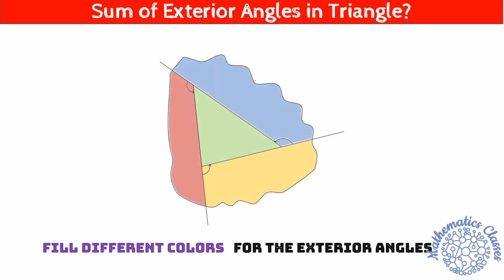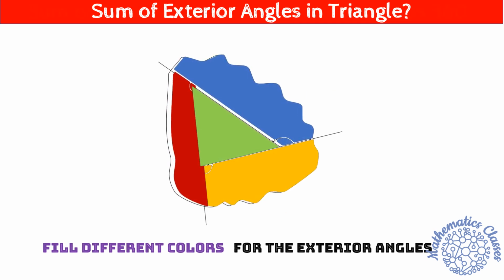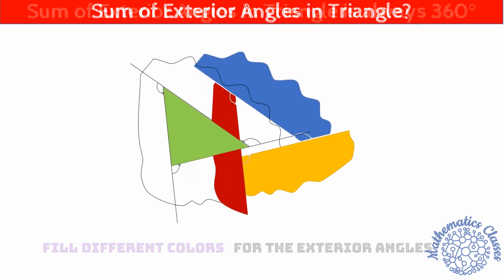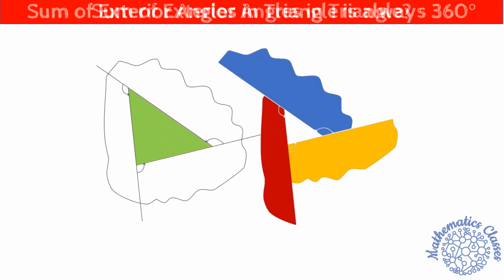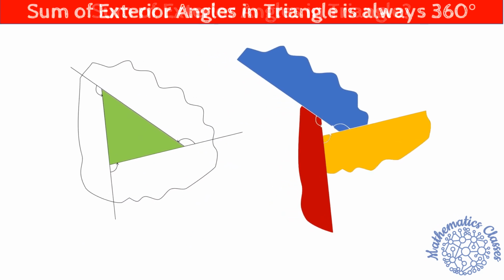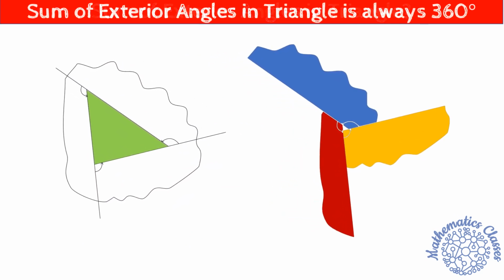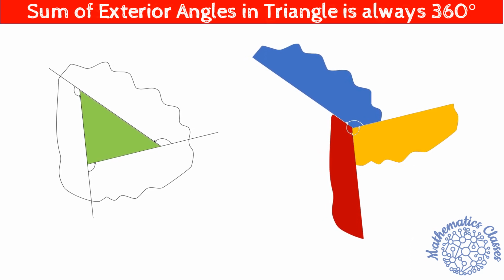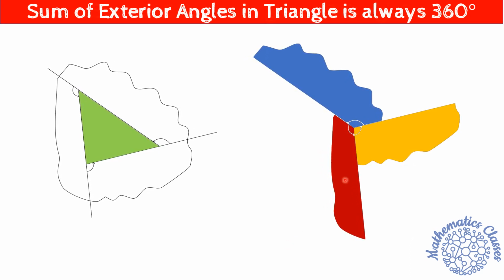You can fill some colors as shown here, and then we can cut out all the exterior angles. After taking them out, we can arrange them in such a way that all of the exterior angles meet at one point, as the angle around a complete circle is always 360 degrees. So, we can visualize it here on this point. The sum of all the exterior angles of any triangle is always 360 degrees.